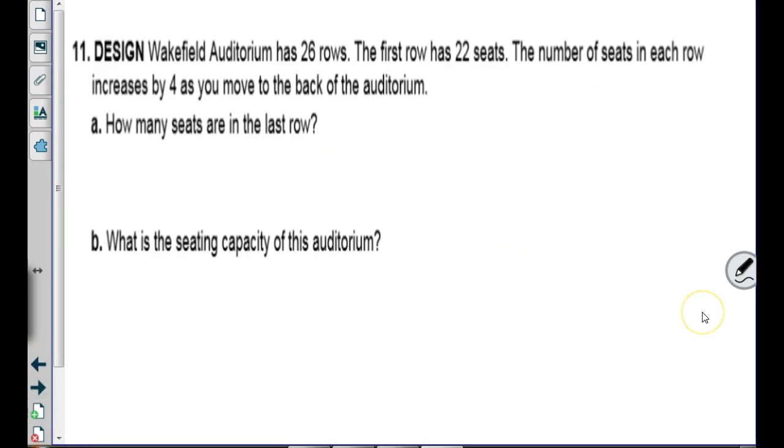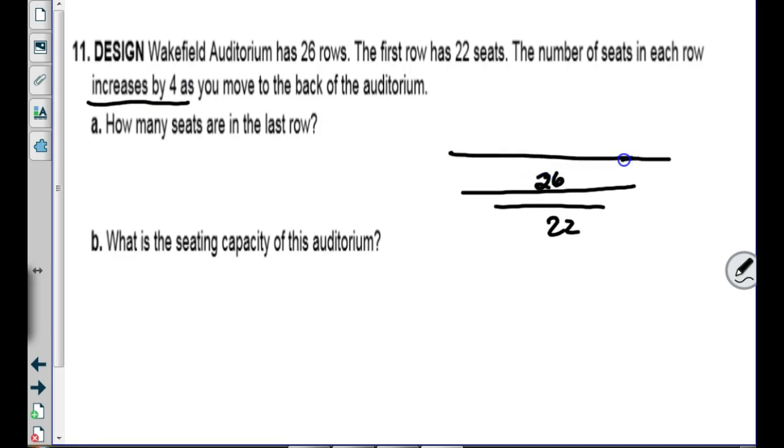Number 11, finally an application problem. Okay. Wakefield Auditorium has 26 rows. The first row has 22 seats, and the next row has 26, what? Increases by 4, so it would be 26 seats. And then 30. Do you get why an auditorium would have more seats maybe as it goes up?